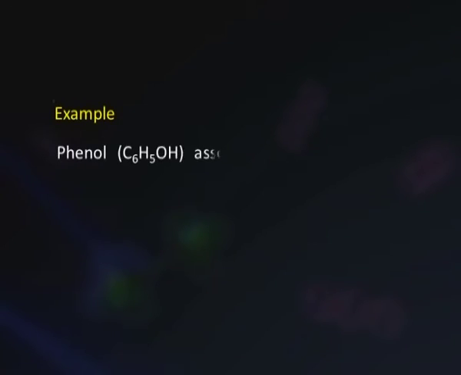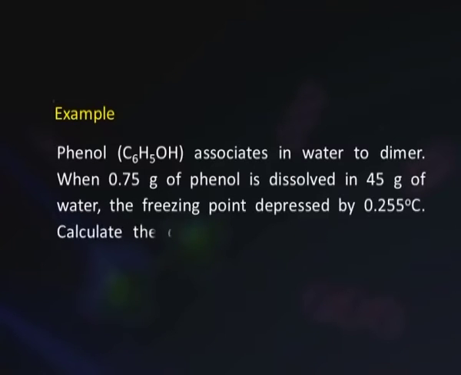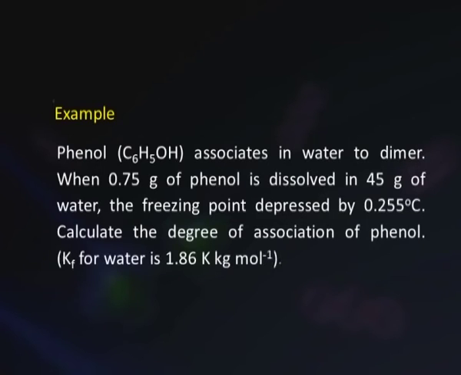Phenol, that is C6H5OH, associates in water to dimer. When 0.75 grams of phenol is dissolved in 45 grams of water, the freezing point is depressed by 0.255 degrees Celsius. Calculate the degree of association of phenol. Kf, that is molar depression constant for water, is 1.86 Kelvin kg per mole.